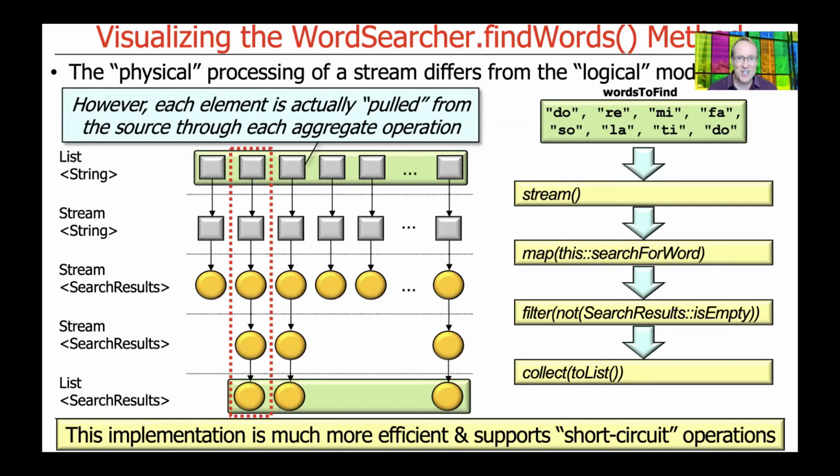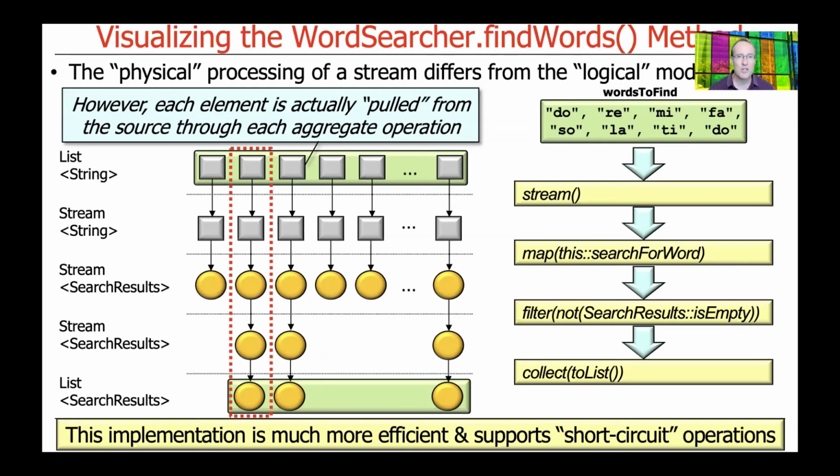And the reason it does this, there are two reasons it does this. Number one, it allows something called integrated layer processing optimizations, which improve caching and just speed things up in general. But perhaps even more importantly, it supports something known as short circuit operations. If you're familiar with the semantics of things like logical AND or logical OR in Java, C and C++, or C# for that matter, they have this concept of short circuiting.